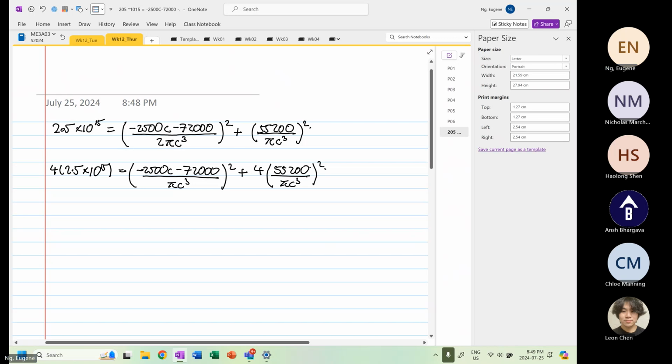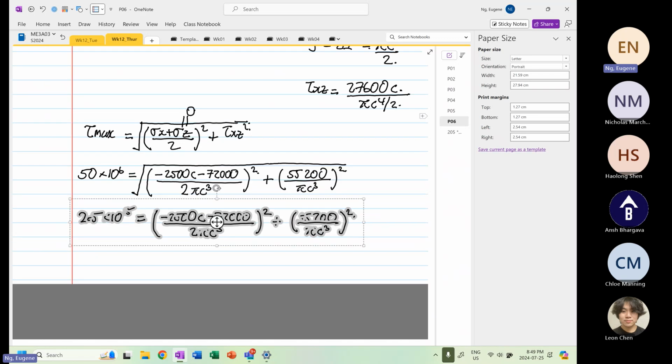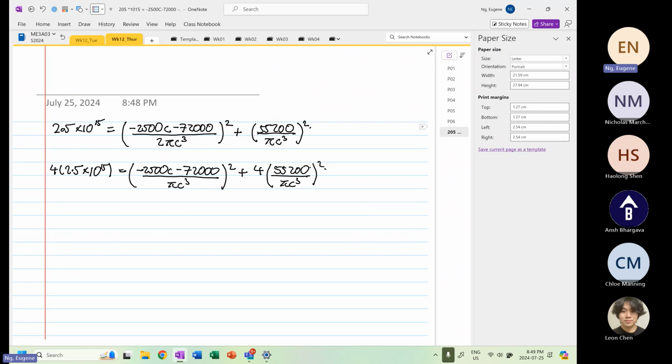Okay. So the denominator now, both are the same. So 2.5 power 15 times 4 is equal to 10 times 10 to the power 15 now.